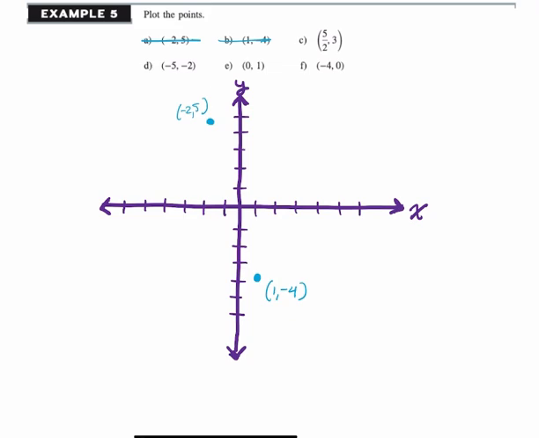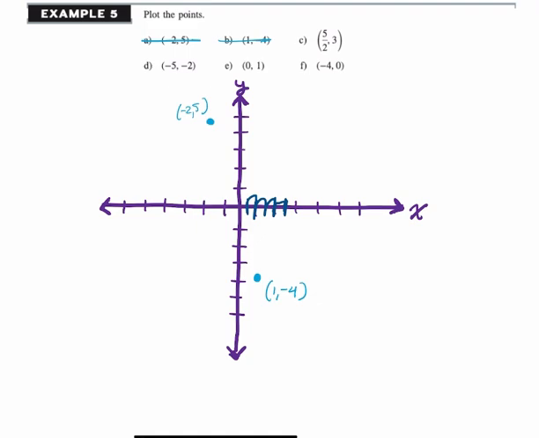For part C, we don't have a whole number, we have 5 halves. So that might be a little tricky, but we could count in halves. We have 5 of them, 5 halves. And there's 2 halves per unit. So we can imagine this would be 1 half, then 2 halves is 1, 3 halves, 4 halves is 2. So 5 halves would be in between 2 and 3.